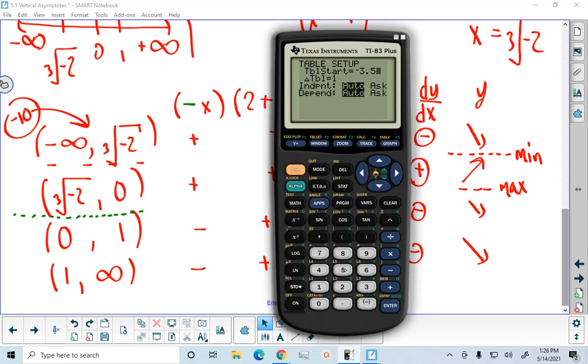I'm going to set it to start at negative 3 and go up by 0.5. I'm just looking in my table to find out what kind of y coordinates. The y coordinates are incredibly small, very, very small, and then they start getting bigger and smaller again, but it's looking like negative 1.5 to 1.5 would do it.